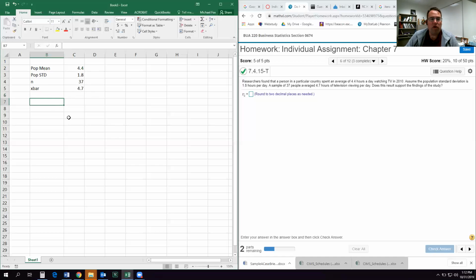Okay, so again, the first thing we have to do is find the standard error of the mean. We find the standard error of the mean by taking the population standard deviation and dividing that by the square root of our sample size.